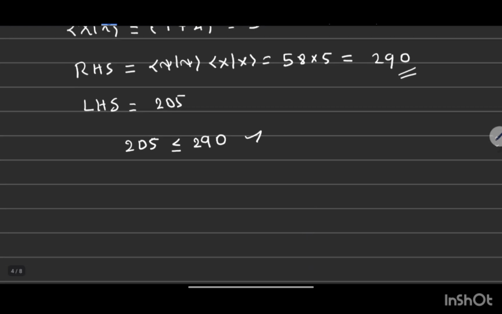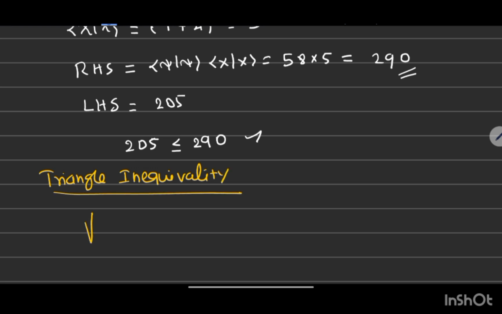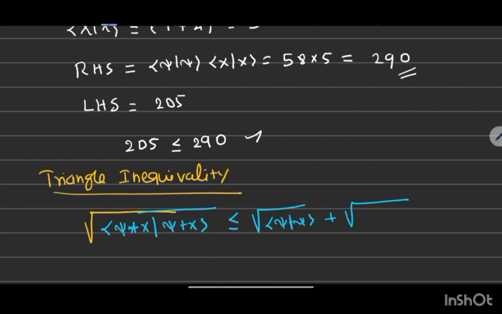Now let's check the triangle inequality, which reads: the length of the addition of these two vectors, psi plus chi, is always less than or equal to the length of one side of the triangle, psi, plus the length of the other side, chi.